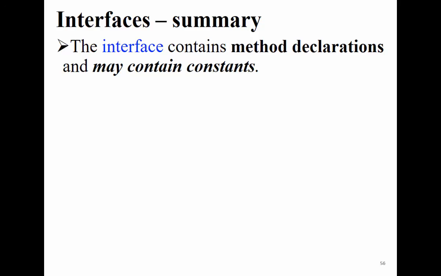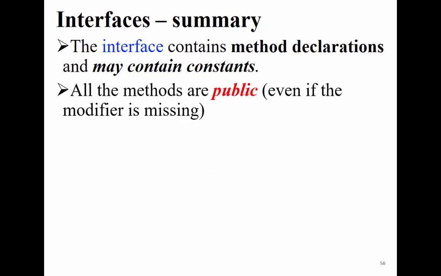Just to summarize, an interface contains method declarations and any constants you may have. All the methods inside the interface, you cannot have a private method. Keep that in your mind too. All the methods by definition, even if I didn't put public in front of them, are public. Java will take it and make it a public method, even if you miss that.